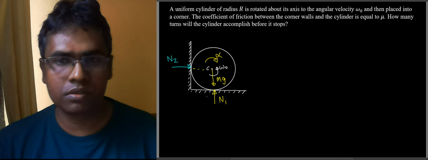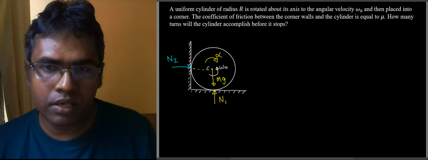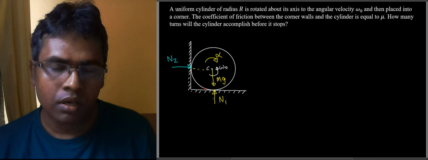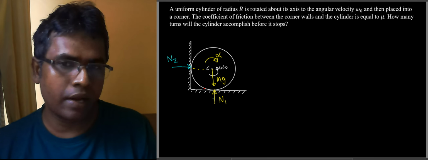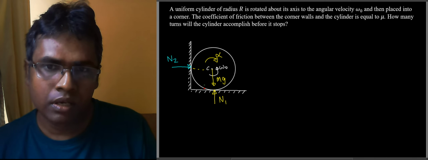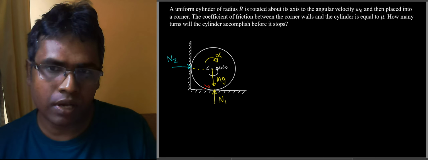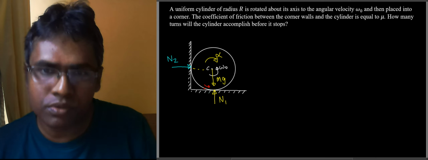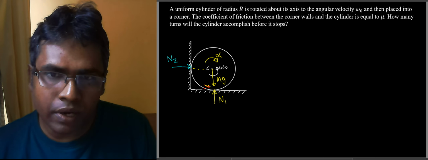If there is no friction, the points that are touching the ground would nicely slide to the right. I think I should use a different color. So these points that touch the ground slide nicely to the right.